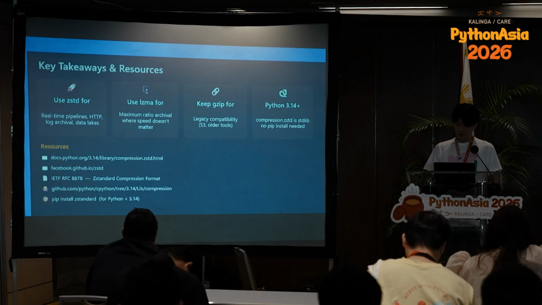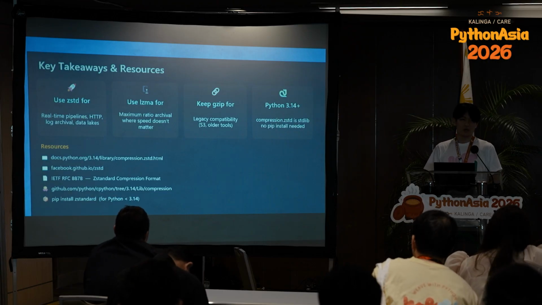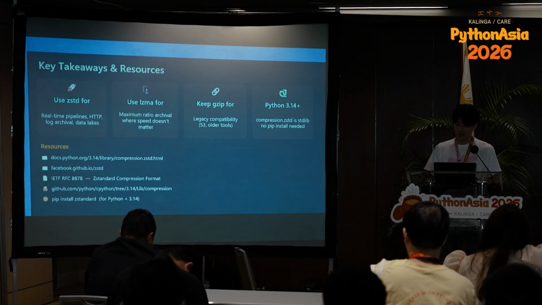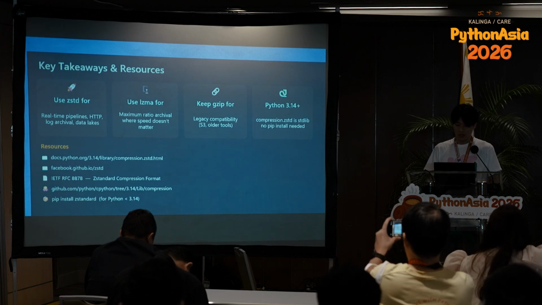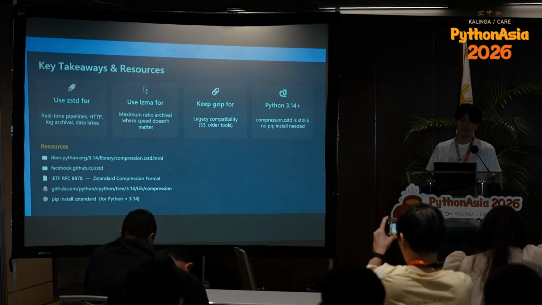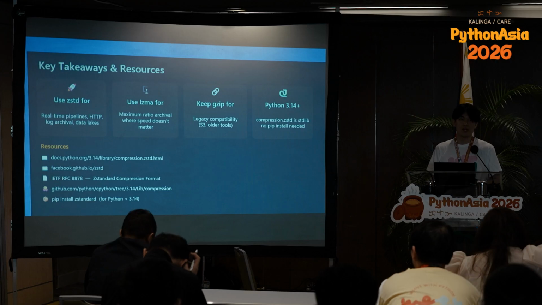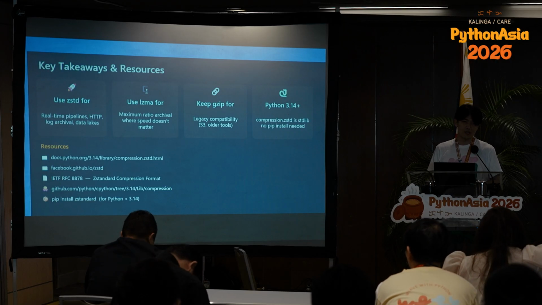This is the last slide of this presentation, and I will summarize today's talk. I explained some of the compression algorithms in this session. Zstandard is excellent, especially for compression speed, and can be used in a variety of scenarios like real-time processing, pipelines, HTTP, log archives, and data lakes.